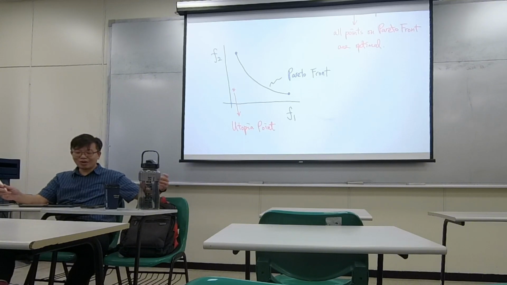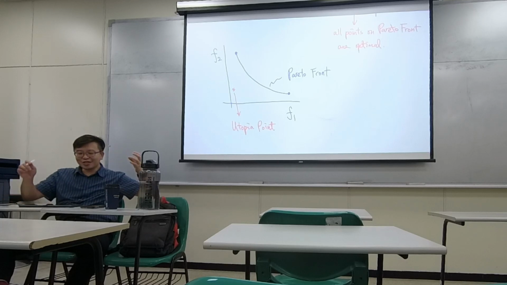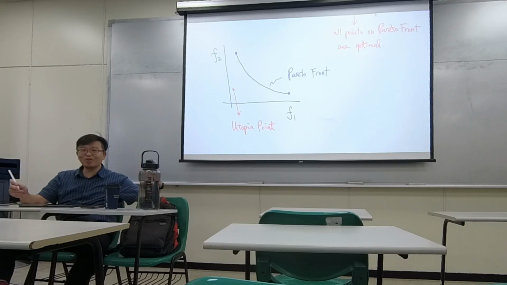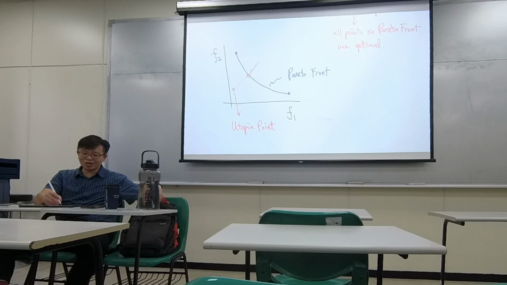So there is this utopia point approach. They try to find the closest point to the utopia point from the Pareto front. They use this approach to make a decision on the Pareto front.